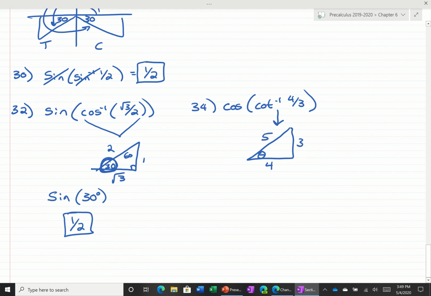So using the Pythagorean theorem, we'll get 5 there. So this angle turns into this angle right here. The cotangent of that angle is 4/3. So what's the cosine of that angle? The cosine of that angle is 4/5. It's a little bit different, but same idea.